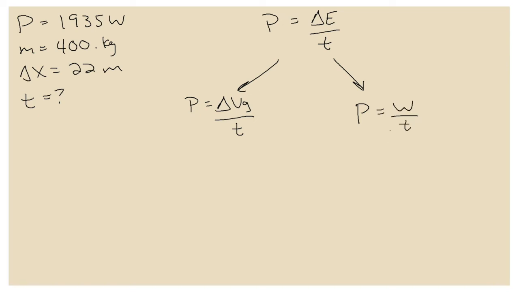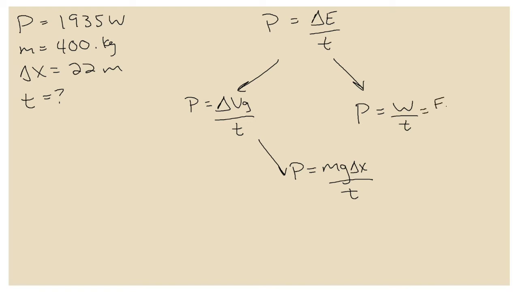Either way, you will end up with the same expression. If you use the first version, the power equals the change in gravitational potential energy over time, you will end up with mg delta y, which we call delta x over here. So I'll write delta x over the time. Or you would end up with this expression.